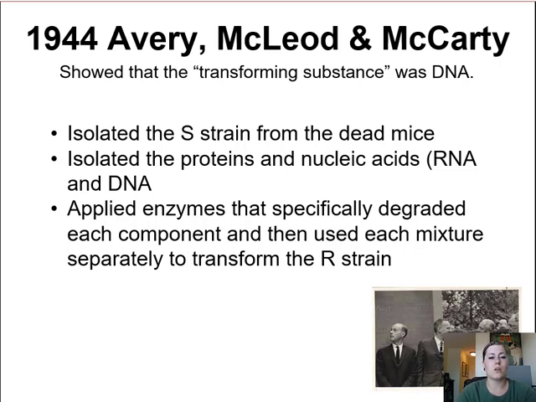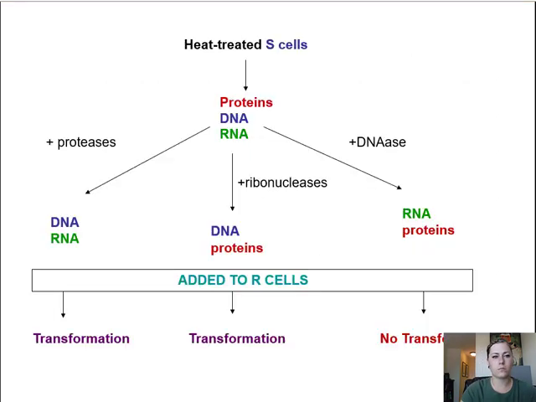They isolated proteins and nucleic acids as well, so that would be RNA and DNA, and they applied enzymes that specifically degraded each component. One type of enzyme would degrade the protein, one type of enzyme would degrade the nucleic acid. And then they used each mixture separately to transform the R strain.